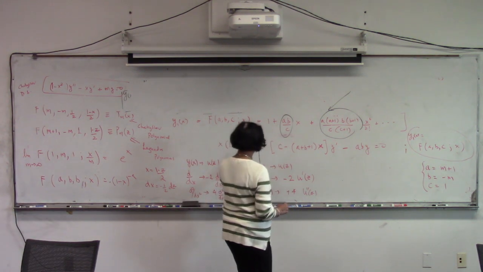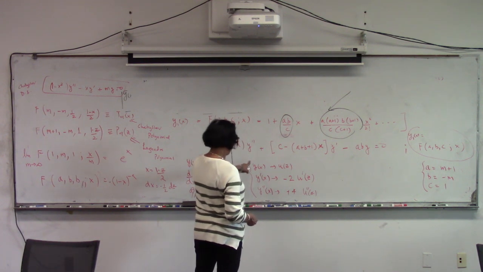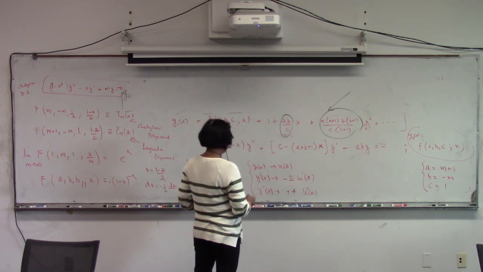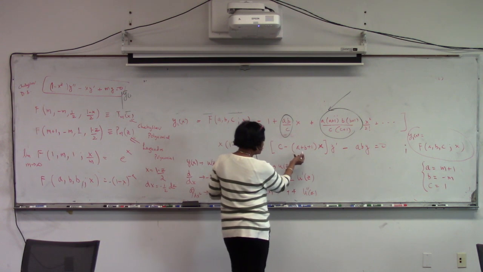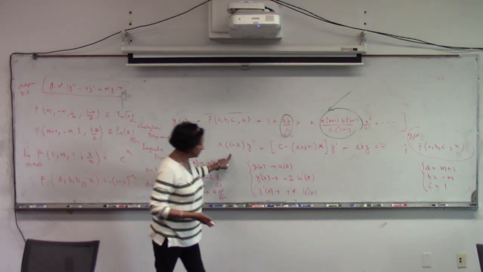So all I have to do now is, I've changed the independent variable, and for x I can put (1 minus z) over 2 and see what happens to that differential equation, because it has to become your Legendre differential equation.